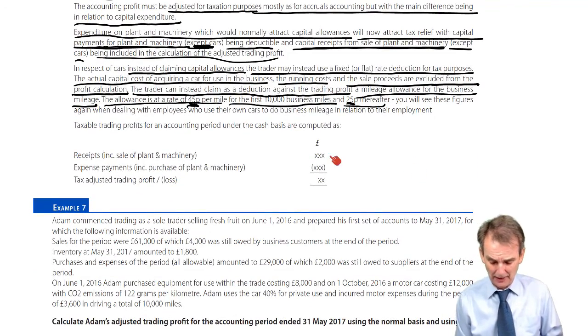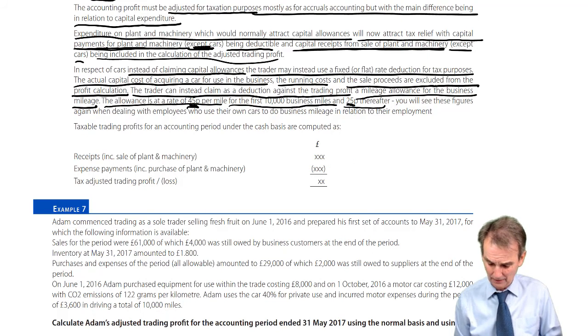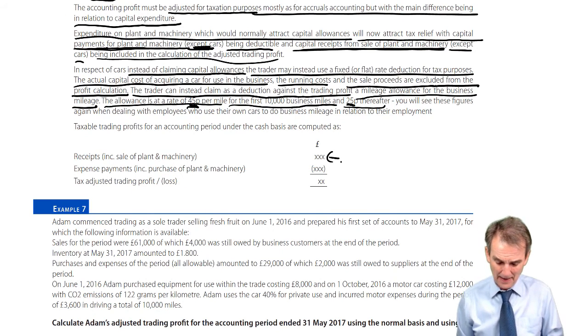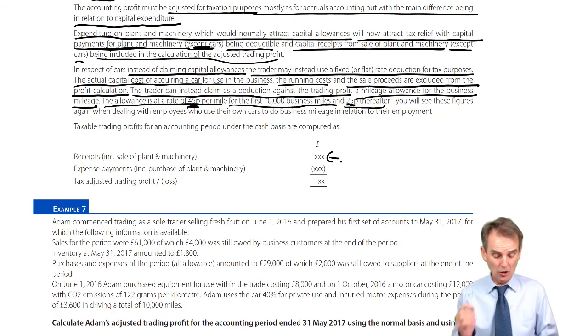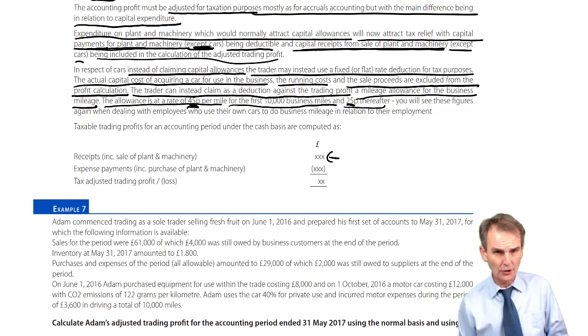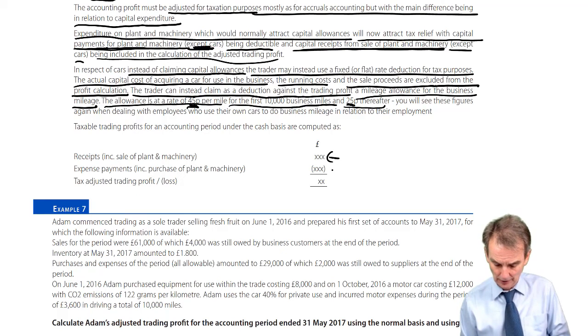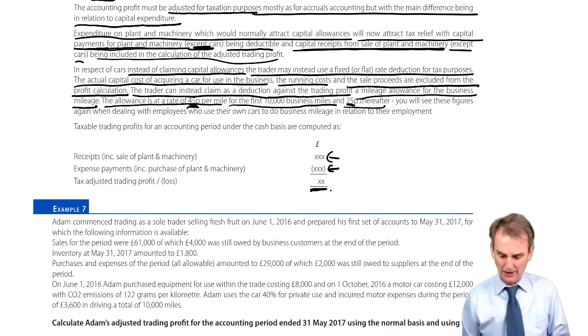Receipts, including the sale of plant and machinery, as we have identified there. Expense payments, including purchase of plant and machinery, those that would be allowable for taxation, normal adjustment of profit rules as regards allowable and non-allowable expenses. Deduct those, and thus we get the tax adjusted trading profit.